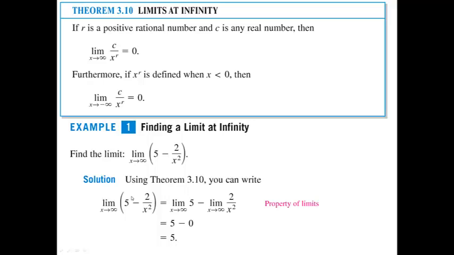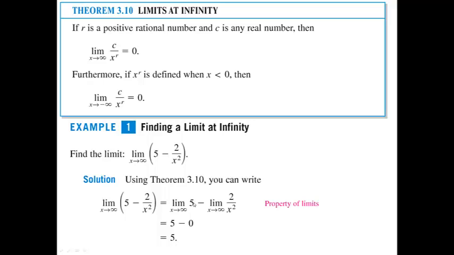Remember that a limit of two separate monomials, you can break them up into two separate limits. And the limit as x goes to infinity for 5 is just 5, because there's no place to put the infinity. There's no x here.